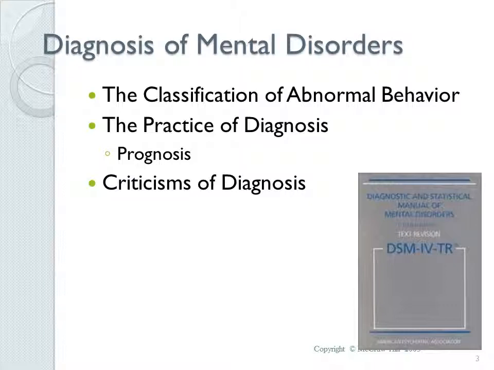With the practice of diagnosis, we are looking at some kind of prognosis. Prognosis basically means that with diagnosis, we get a description of the individual's problem, and then prognosis predicts the problem's future course.